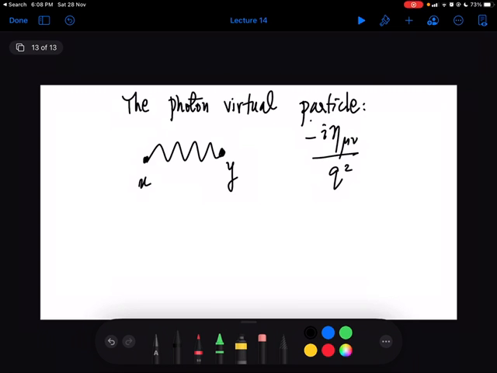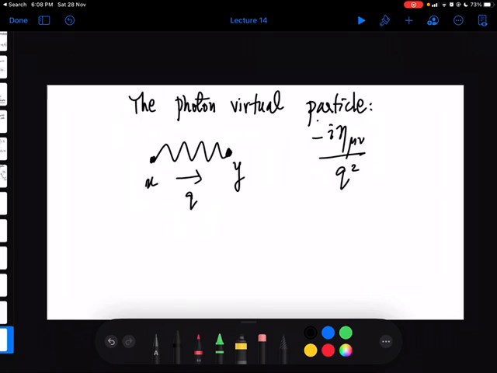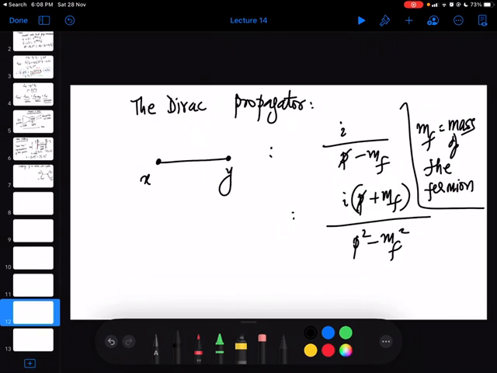There are certain i epsilons and everything here essentially. If this goes with the momentum q square, so this is given by i. There are other gauge dependent parameters, but I have not mentioned them here.